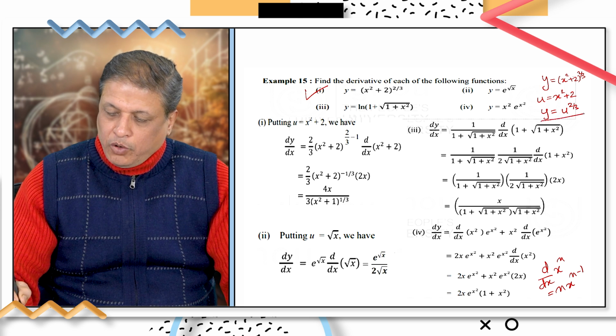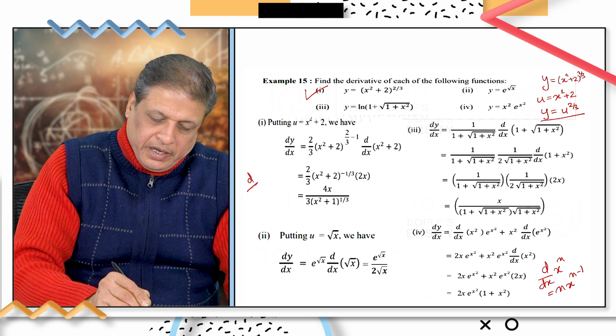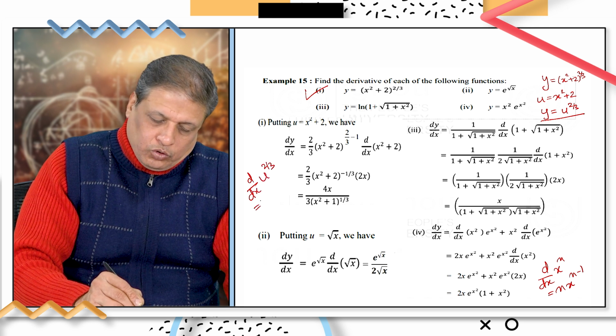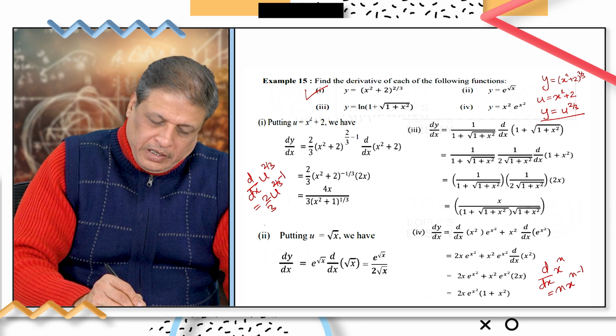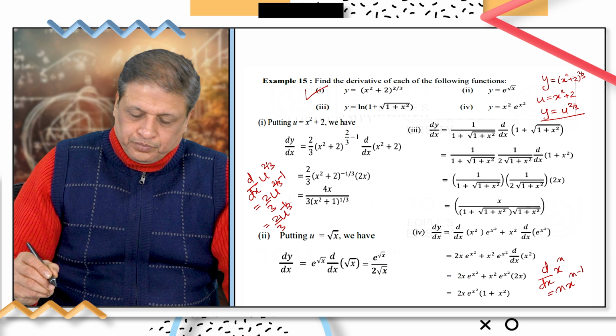You apply this formula over here, then you will get that d/dx of u to the power 2 by 3 turns out to be 2 by 3 into u to the power 2 by 3 minus 1. That turns out to be 2 by 3 into u to the power minus 1 by 3.